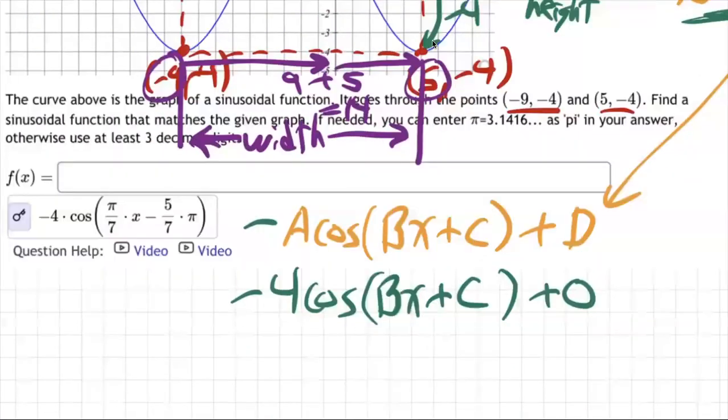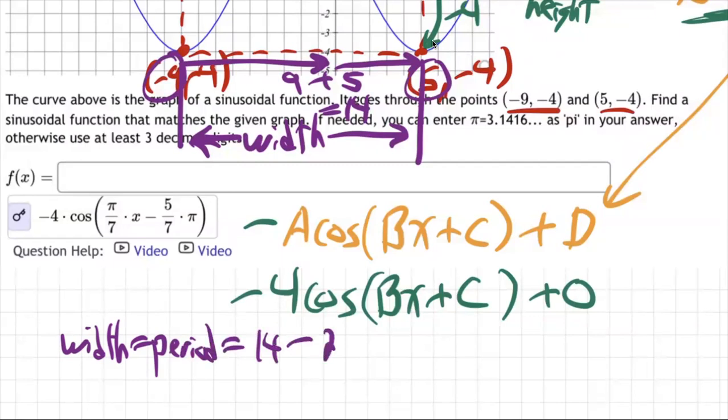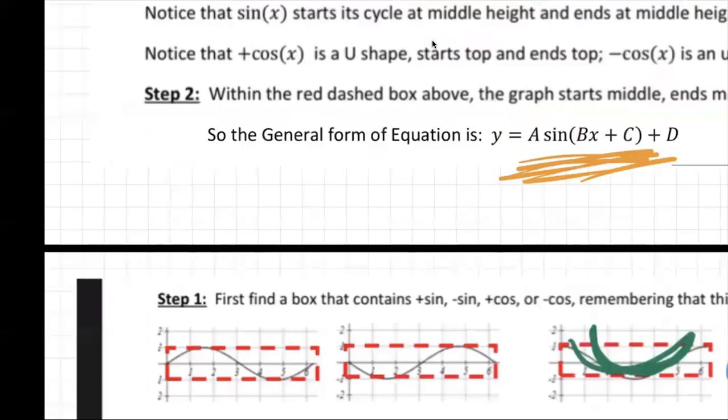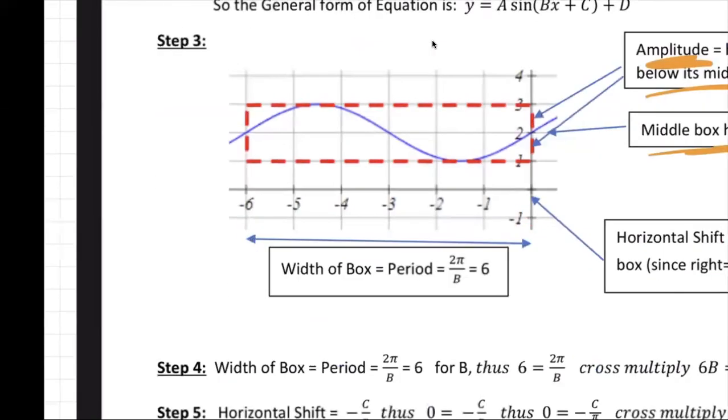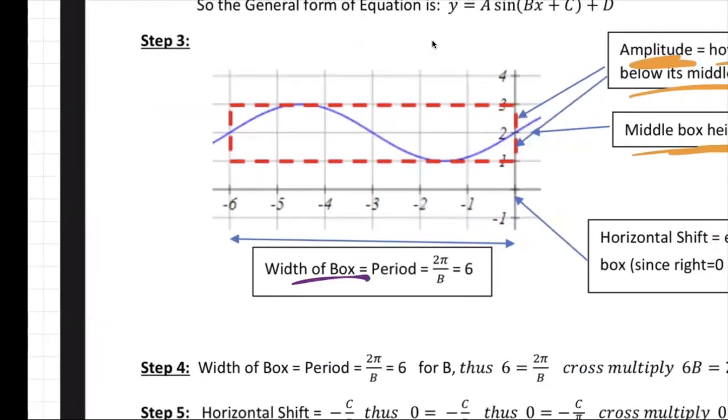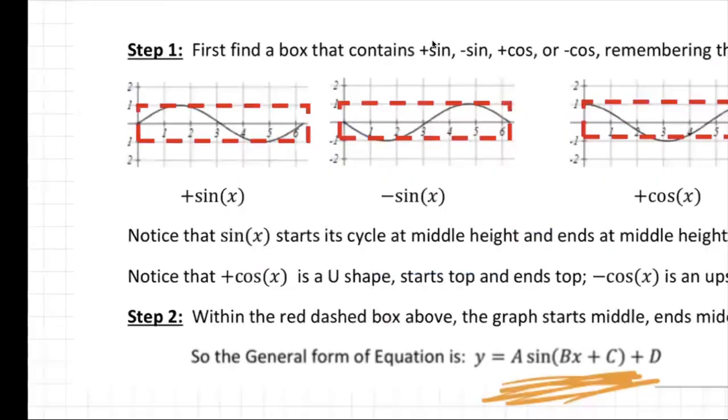What do you do with that width formula? It said the width is called the period, and that's 14, and it's 2 pi over B, right? That was the formula down here on step 3. The width of the box, called the period, 2 pi over B. Okay, doesn't matter which side you put that on.